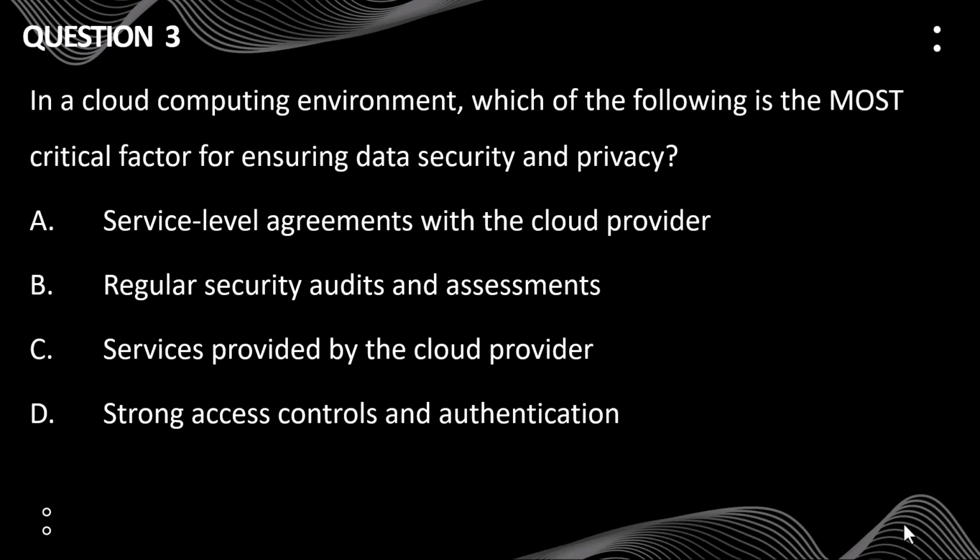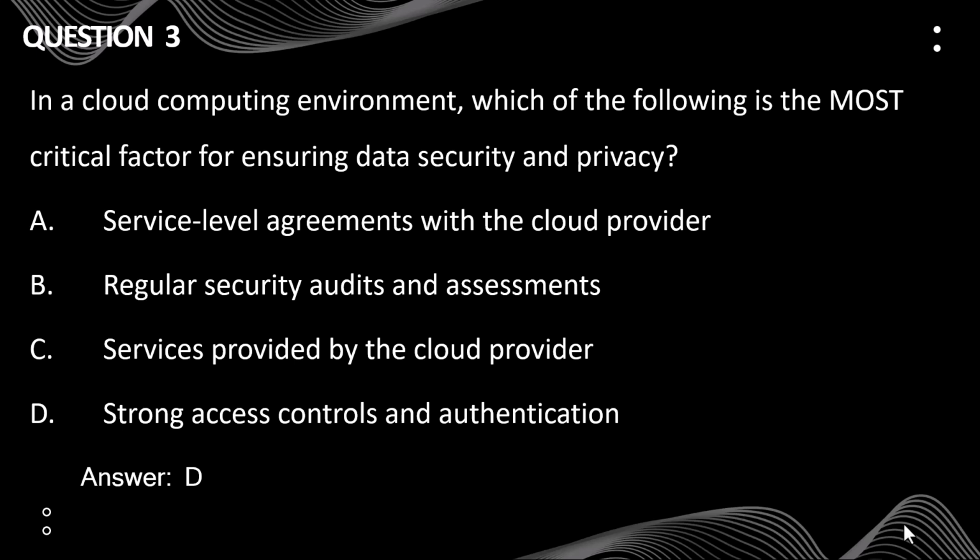Now, in this case, one will read the question. The most critical factor to ensure that data is secure and private in a cloud computing environment will be strong access controls and authentication. That is option D. The other options we have here: service level agreements with the cloud provider, regular security audits, and services provided by the cloud provider.